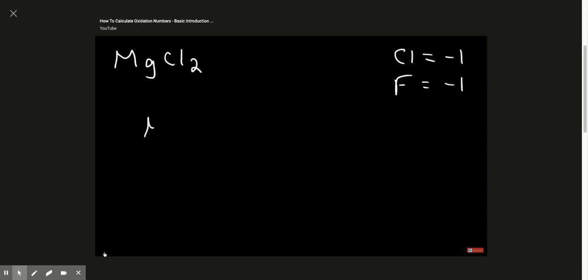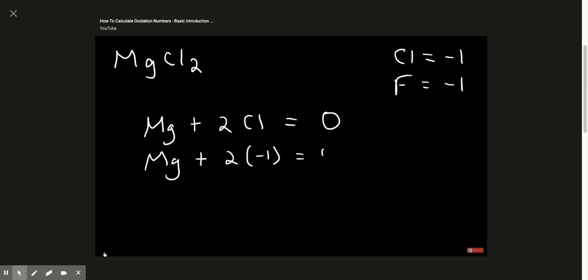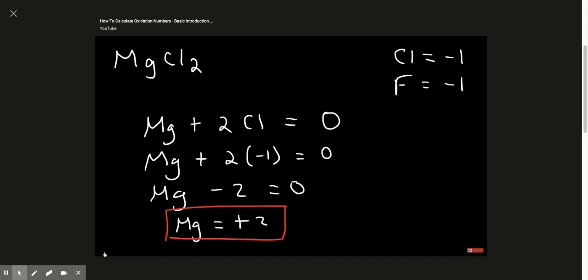If we write an equation, Mg plus 2Cl, this whole compound is neutral, so therefore the total charge is 0. Now, if chlorine has a -1 oxidation state, that means magnesium has to have a +2 oxidation state. You could literally solve it. And it makes sense. Magnesium is an alkaline earth metal, which typically has a +2 charge.